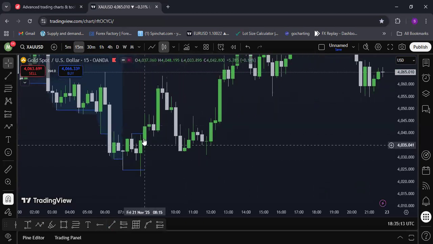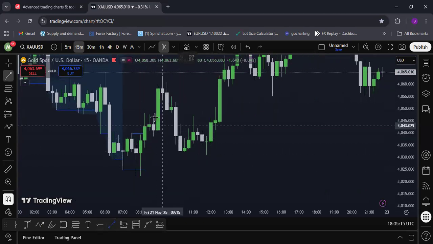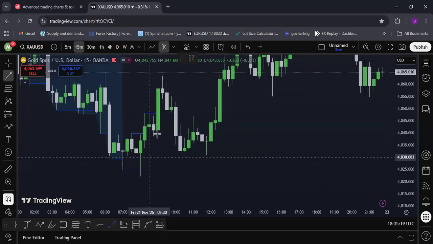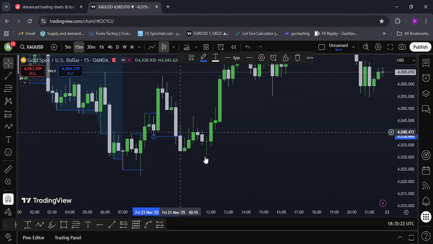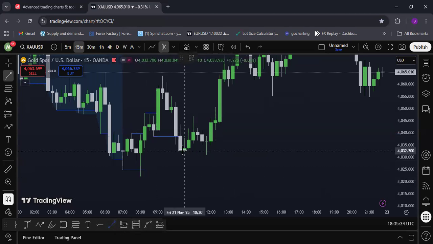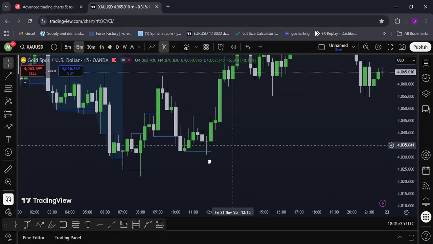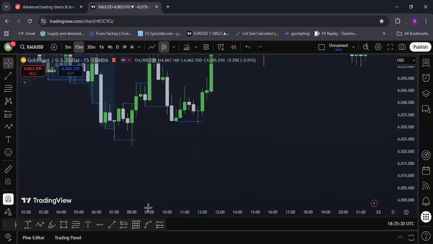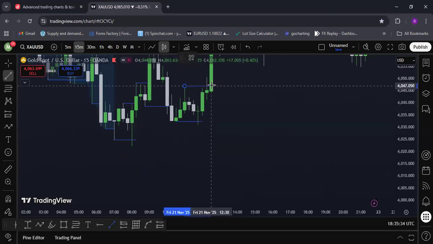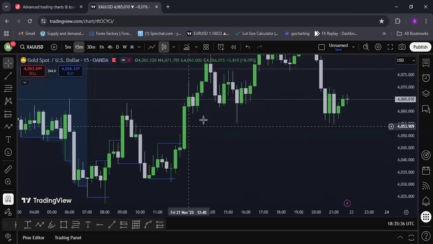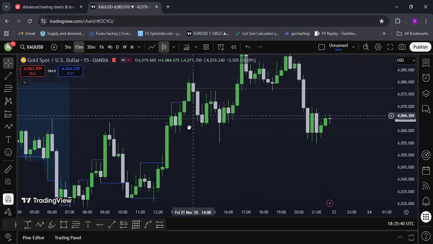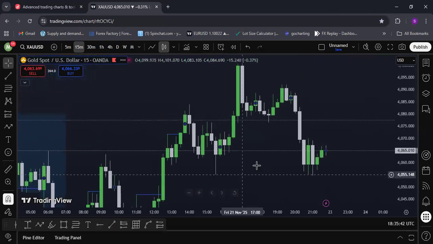So we have a shift to the upside, some sort of new structure here, break of structure to the downside. As you can see, it came down, failure to create a low, and that led to the creation of a choch. So at this point, I'm bullish again, BOS to the upside.